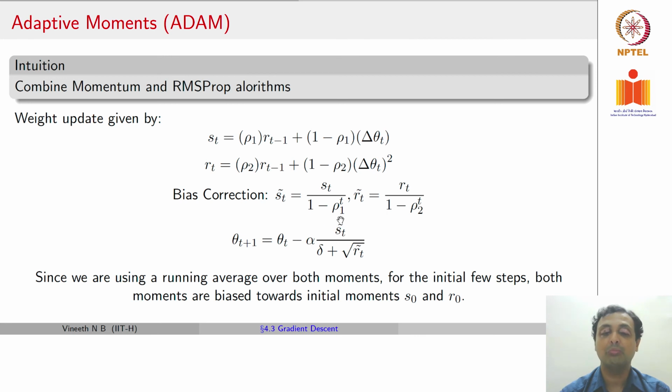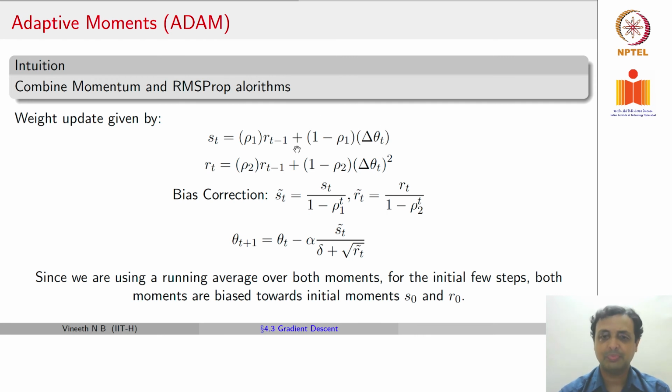RMSProp and momentum. Now coming to why is this tilde here, why not just ST and RT, is for a very simple reason of doing what is known as bias correction in the initial iterations. In the initial iterations, if rho 1 is set to a high value, which is what is typically done, rho 1 just like momentum could be set to something like 0.9 or something like that.